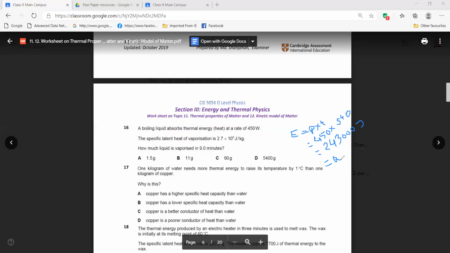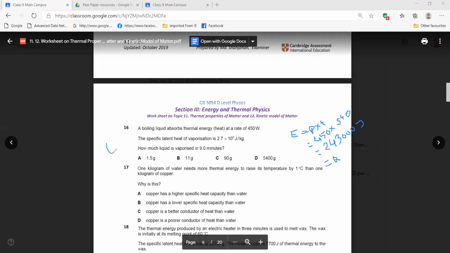The other part is easy. You know the formula of specific latent heat, right? What is the formula? Sir, C equals Q by m delta theta. No, this is specific heat capacity. Latent heat is a bit different.